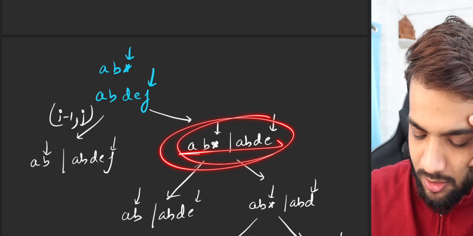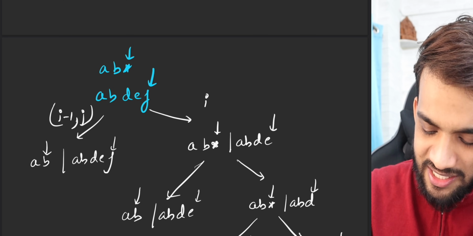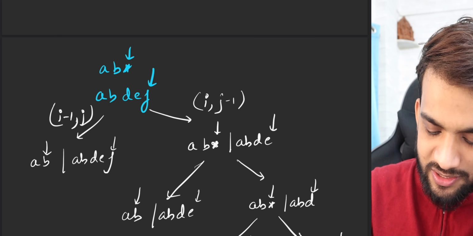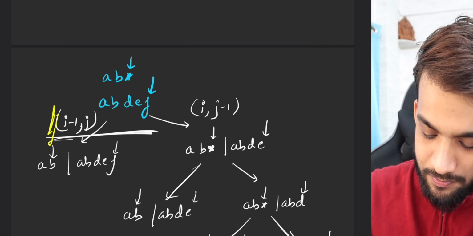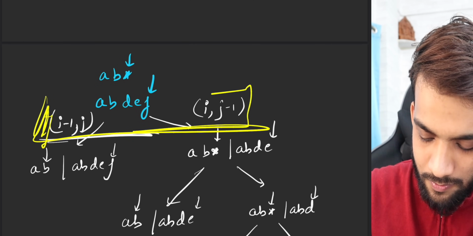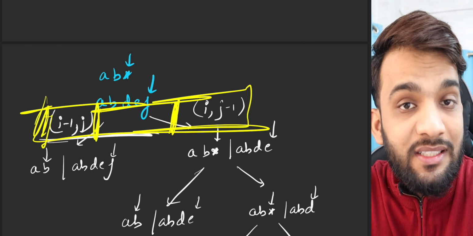What are you doing over here? You're still standing here, but you're deleting F, which means you're still standing at I, but you're deleting F. So these are the 2 functions that you're doing. Perfect. That's how we can easily do this.